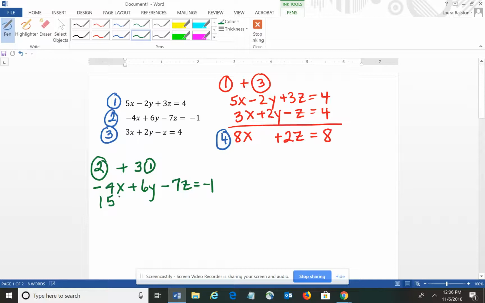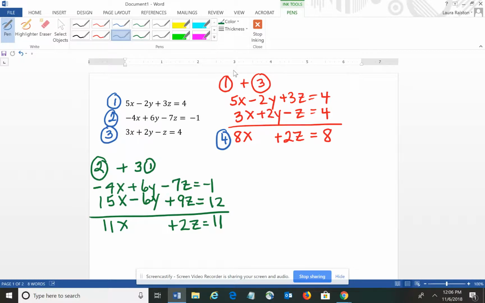So I have 15x minus 6y plus 9z equals 12. I'm going to add those 2 equations together. -4 plus 15 is 11x, plus 6y minus 6y is 0. Minus 7z plus 9z is plus 2z, and -1 plus 12 is 11. So again, at that point, I have a fifth equation in which I've eliminated the y variable.